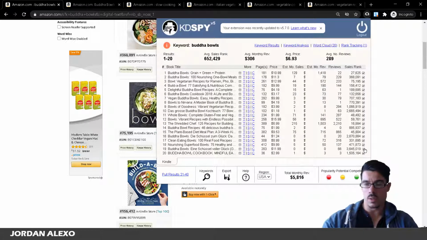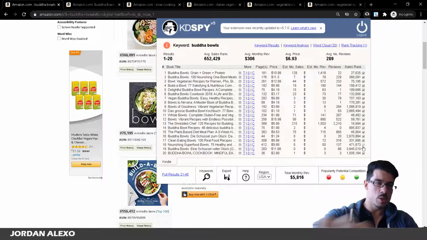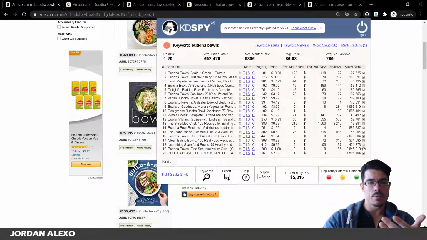So this is what you want to do. You want to remove books that are completely not related to what you are searching for. And you want to remove books that may have a bad cover, a title that looks bad, or bad content, which is kind of hard to know, but especially a bad cover, a bad title, or books in other languages, because that screws up the average sales rank.